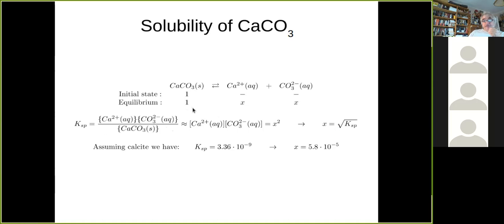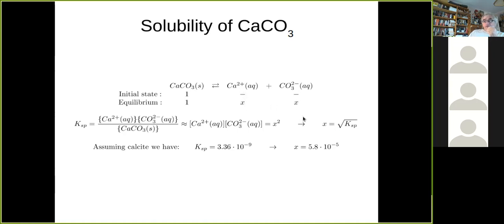If we say that X moles of this calcium carbonate dissolves, nothing will be affected. It should be 1 minus X or something like that, because the solid calcium carbonate is still solid calcium carbonate, can't be distinguished from that. It should be only a unit. But on the other hand, it will produce some calcium ions and carbonate ions.